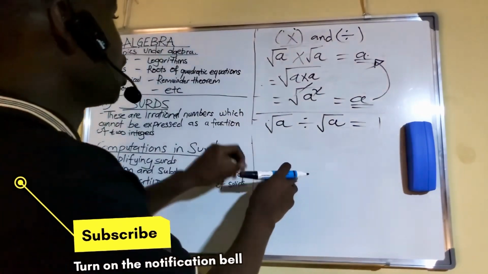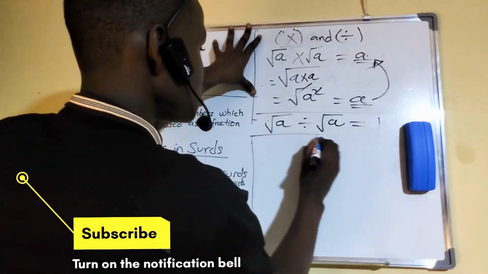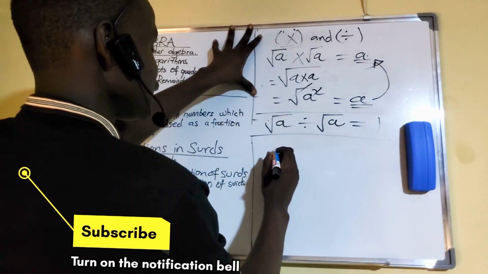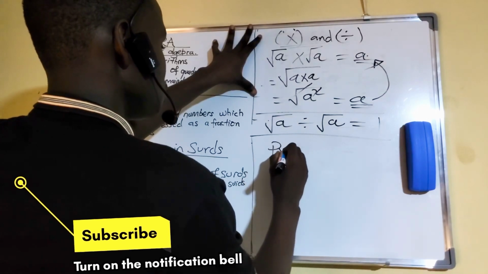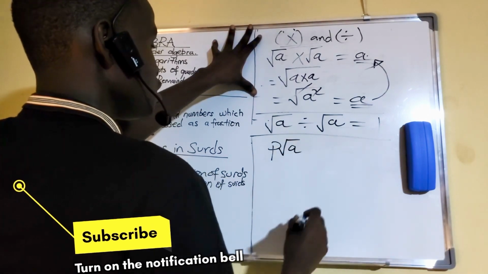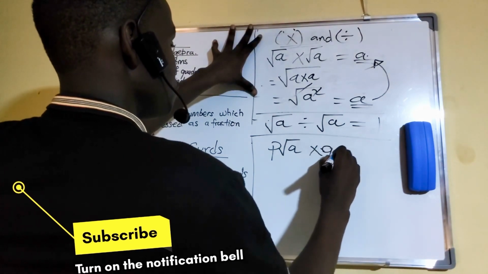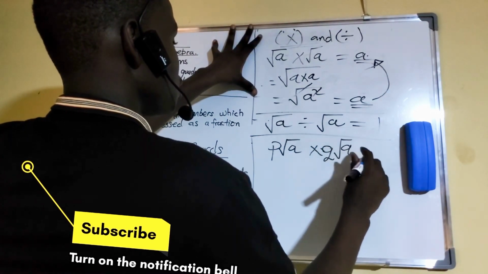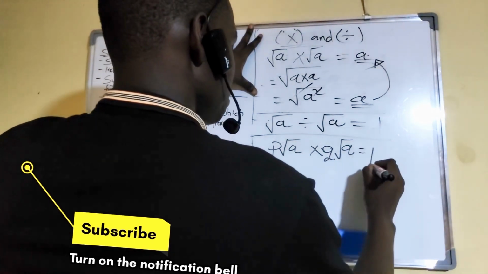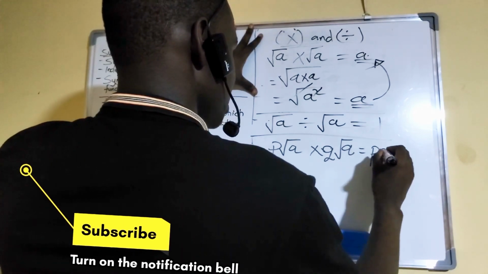Yes, but still, going back to multiplication, if we have something like p root a, then maybe times q root a, this gives us p times q, then times a.